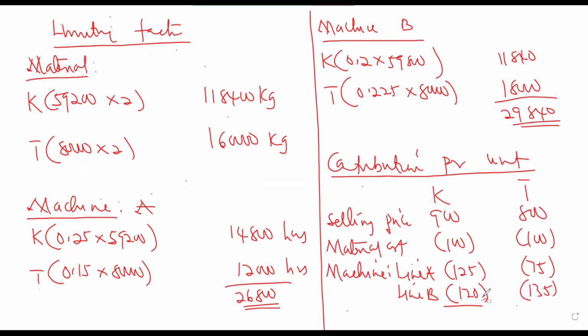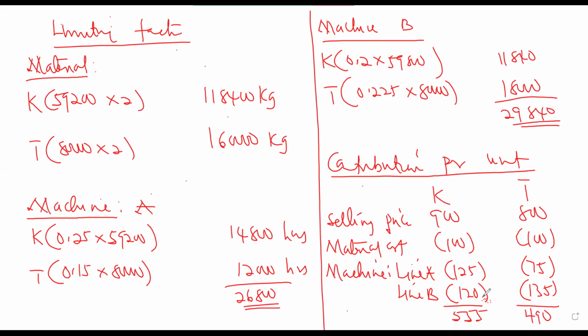So what will be our contribution per unit? 590, 555, and 800 minus 100, that is 190. Okay, that will be 490.